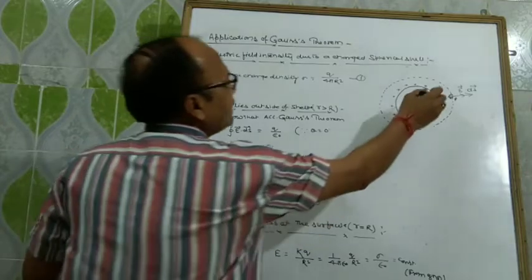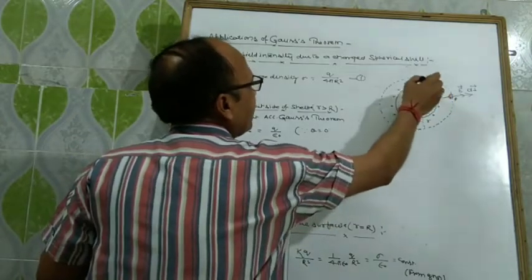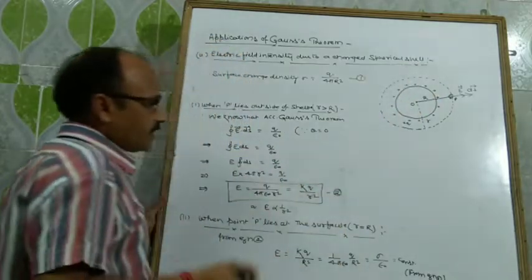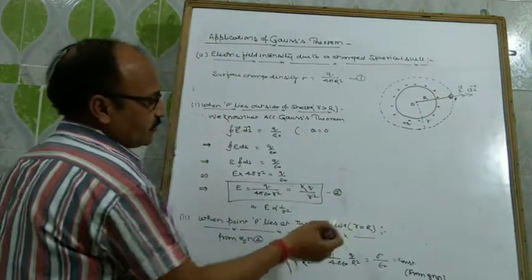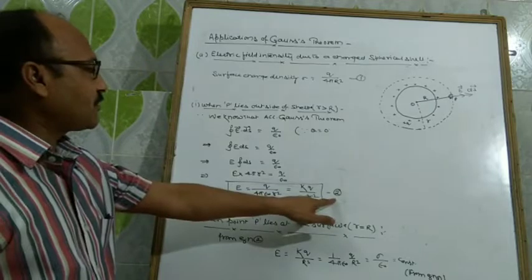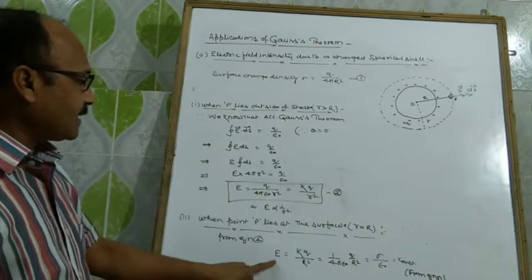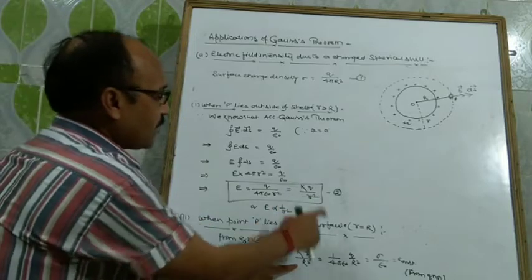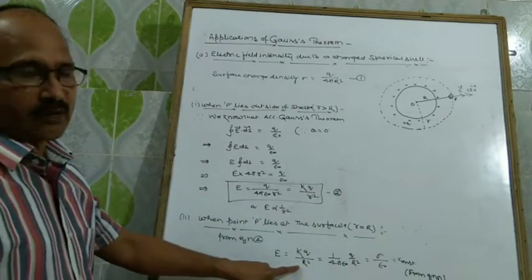At the surface means this point lies anywhere on this surface, or at this time small r equals capital R. So from equation second, E equals kq upon capital R square.